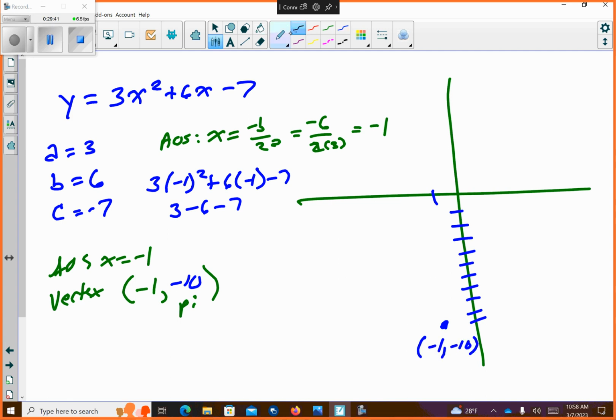And then the pattern graph will be a times 1, 3, 5, which is 3 times 1, 3, 5, which is 3, 9, 15. So I'm going to go right one up 3. Left one up 3.